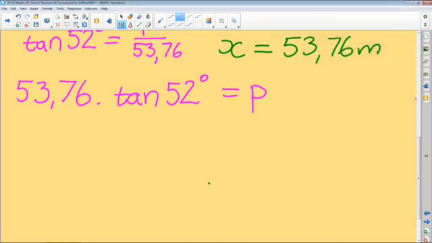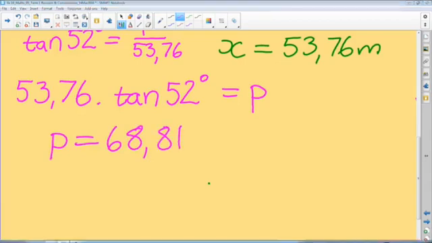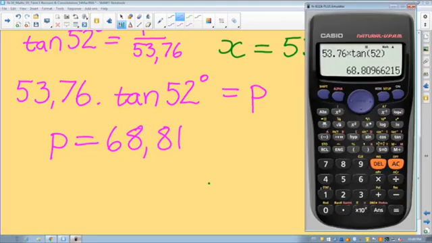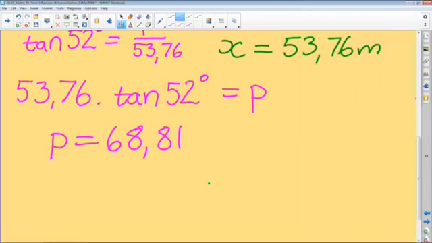So P is equal to 68.81. Let me just check that I remembered that correctly. I did. Now, are we done?